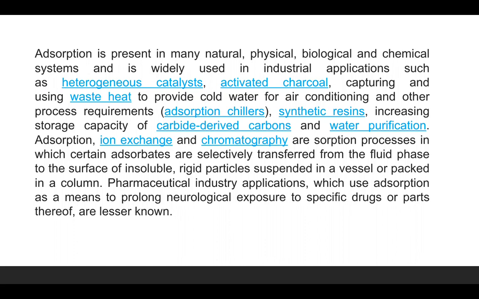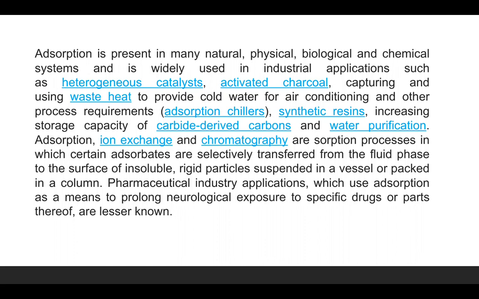So there are some requirements for water, like types of water: ASTM type 1, ASTM type 2, ASTM type 3, RO, etc. So adsorption, ion exchange, and chromatography are sorption processes in which certain adsorbates are selectively transferred from the fluid phase to the surface of insoluble solid particles suspended in a vessel or packed in a column.